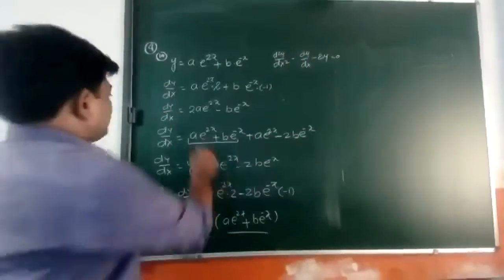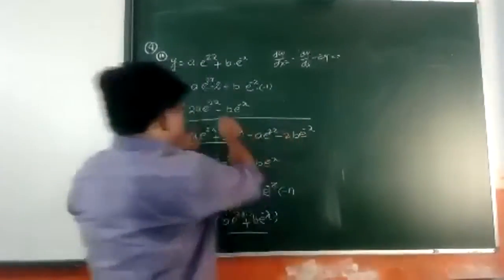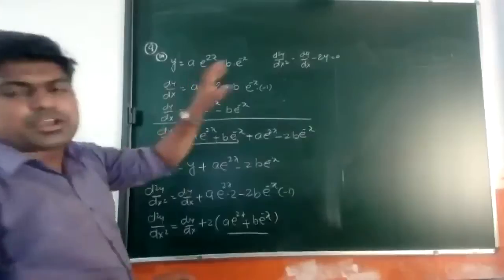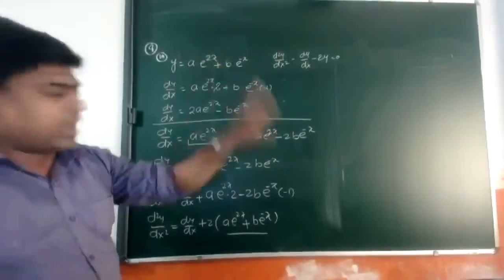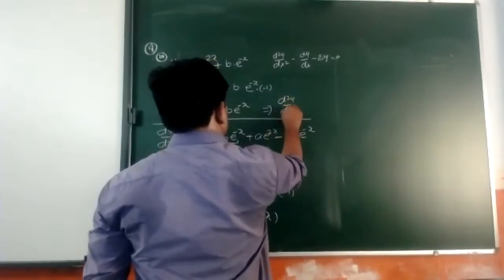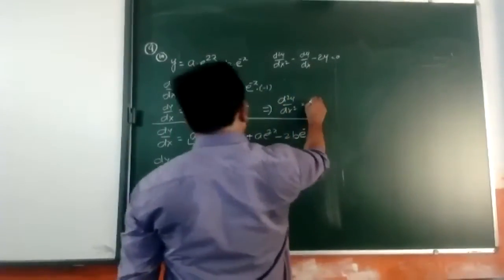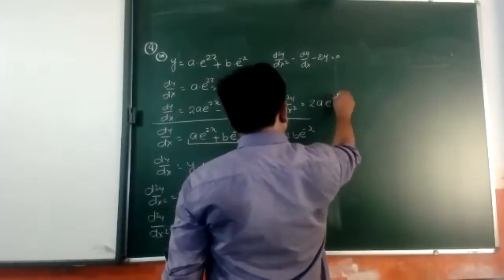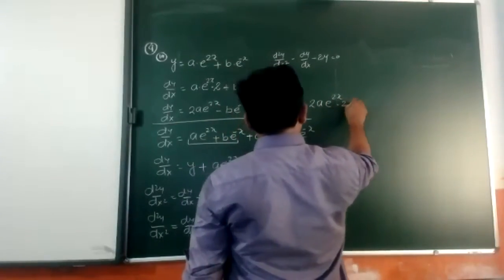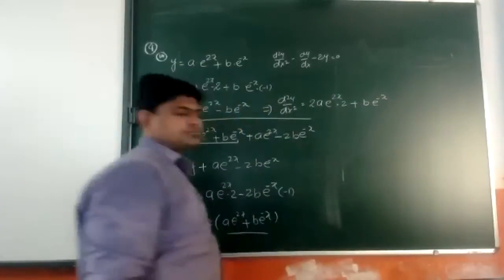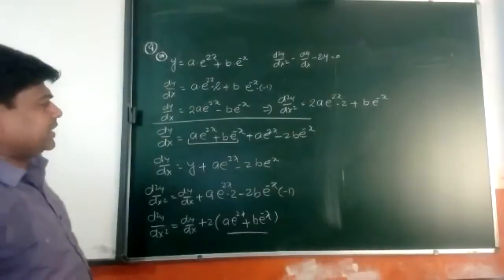Another one I told you, if you don't want to do this arrangement here, no problem. Here directly we can do differentiation. And if we do direct differentiation, I will get here d2y by dx square is equal to 2a e to the power 2x into 2 plus b e to the power minus x. We will write like that.